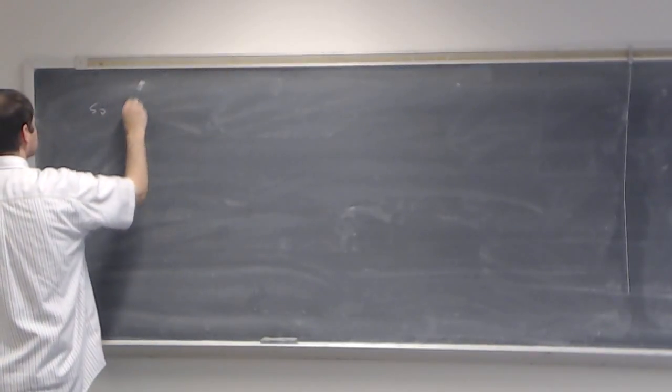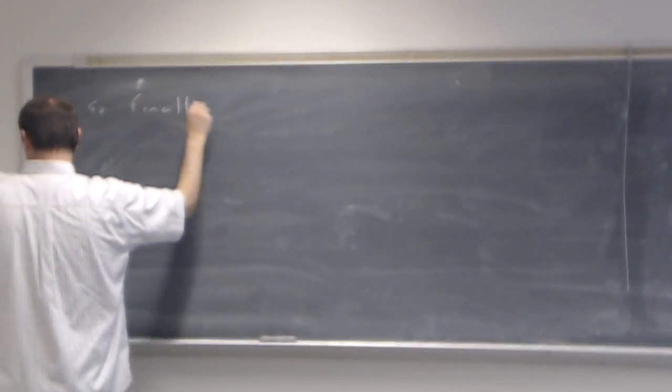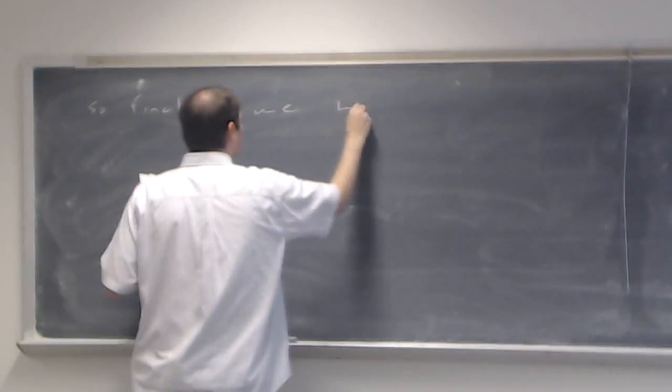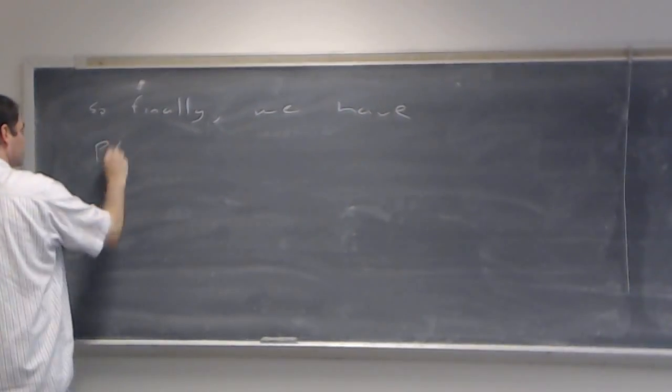So finally, here's what we have. The probability that random graphs commit.